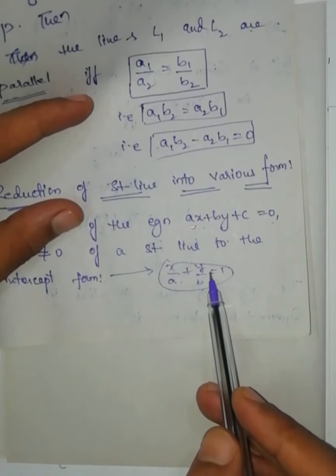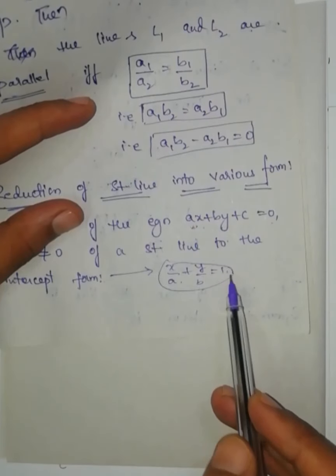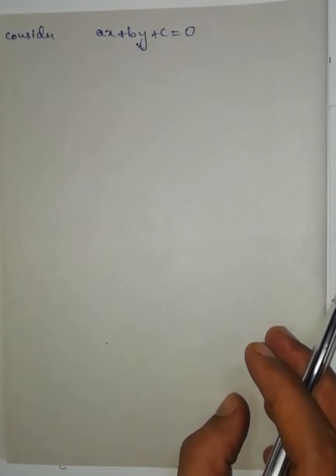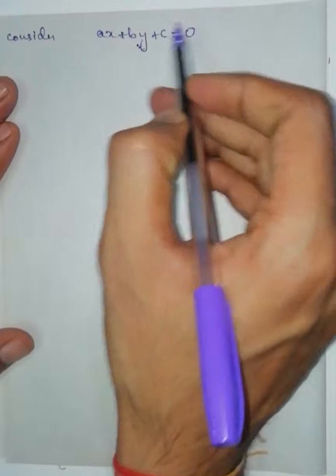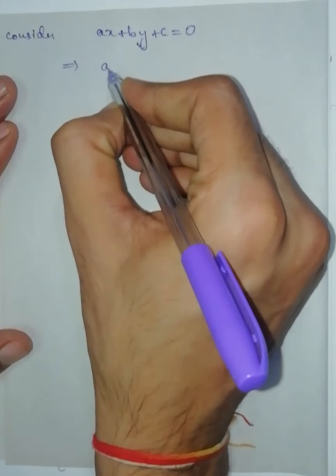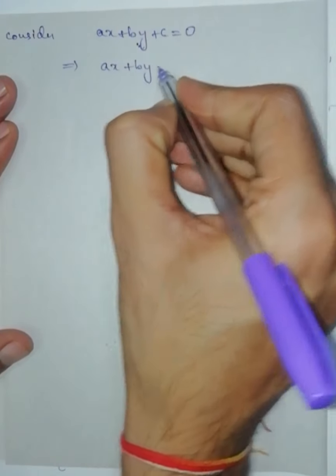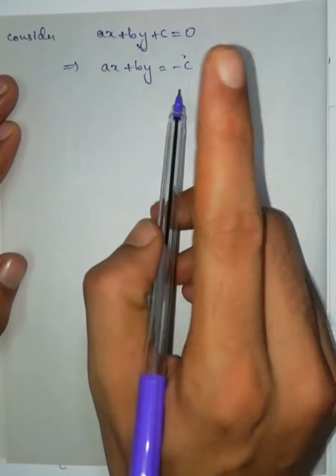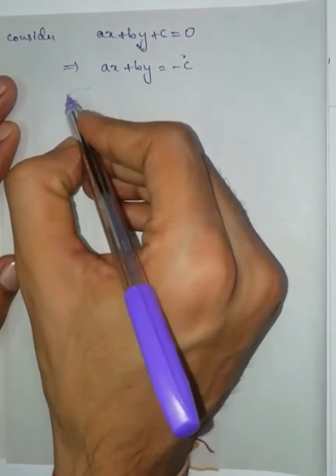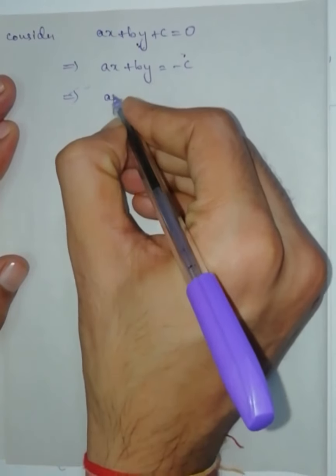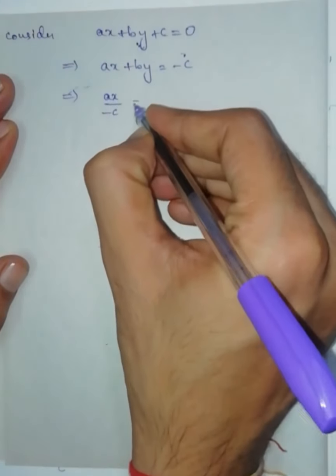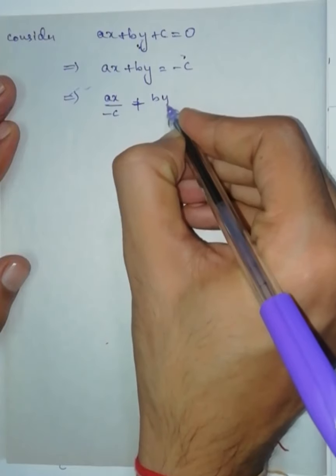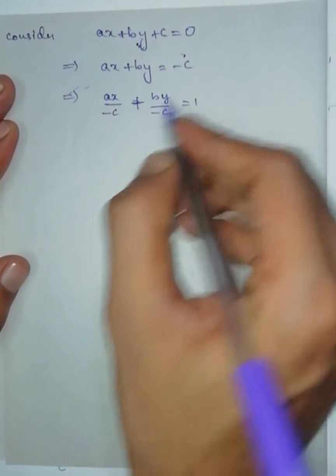First, send that constant to the right hand side and make it as a 1. So whatever the constant is here, I am going to send here. ax plus by is equal to minus c. Now I have to make this as 1, so divide both sides by minus c. ax by minus c plus by by minus c is equal to 1.